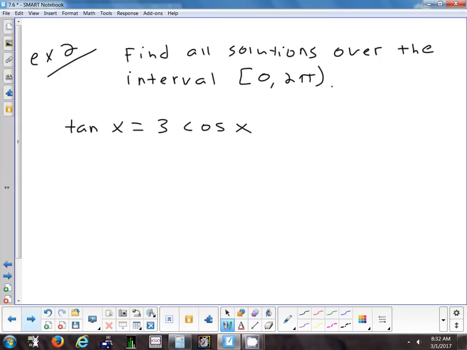So is that a quadratic? No, not written that way. Any suggestions what I do first here? I would turn tangent into sine over cosine.